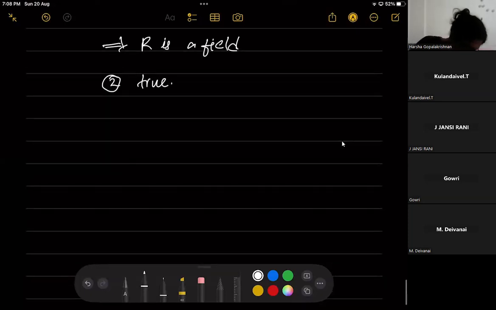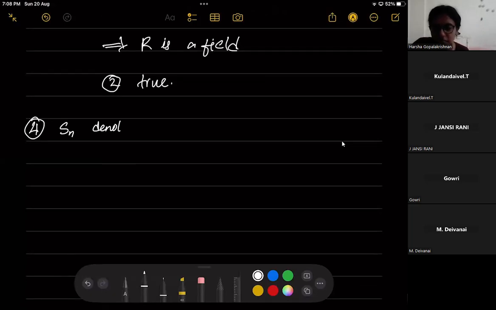So now let's go to a simple problem. We know Sn. What is Sn? Do you remember Sn? Last week we talked about Sn, the symmetric group of degree n, the symmetric group on n letters.